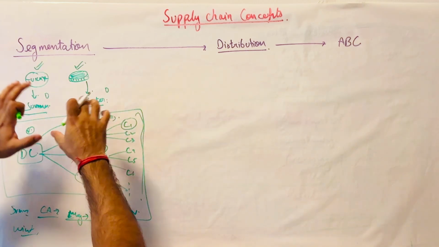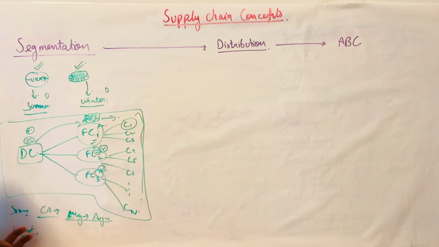So this is what segmentation means. There are a couple of things, for example, what kind of segmentation do you do? It's based on value, volume, or lead time. Similarly, you can also segment customers, for example high value, high volume customers, based on their lead time.